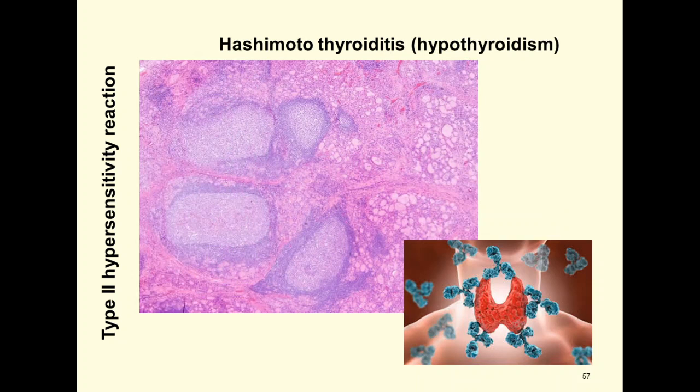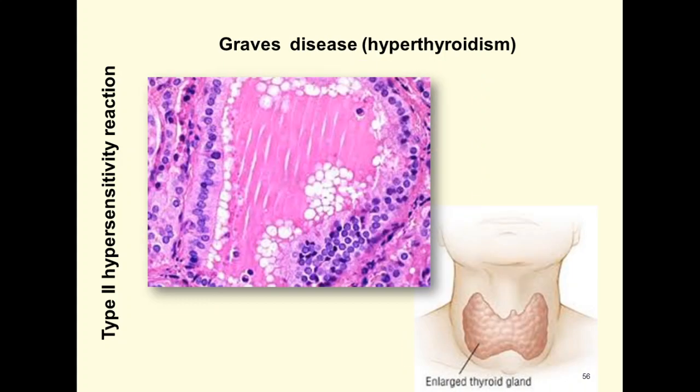On the other hand, in Hashimoto thyroiditis, we also have antibodies, but antibodies against exactly the follicular epithelium of the thyroid gland.